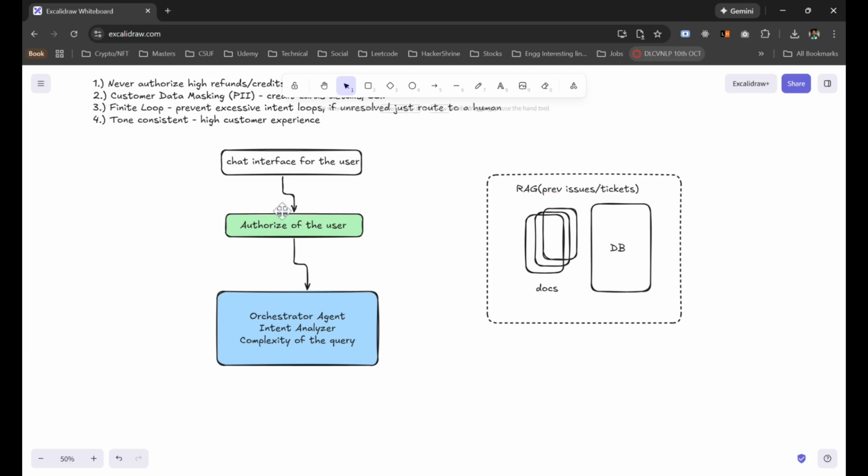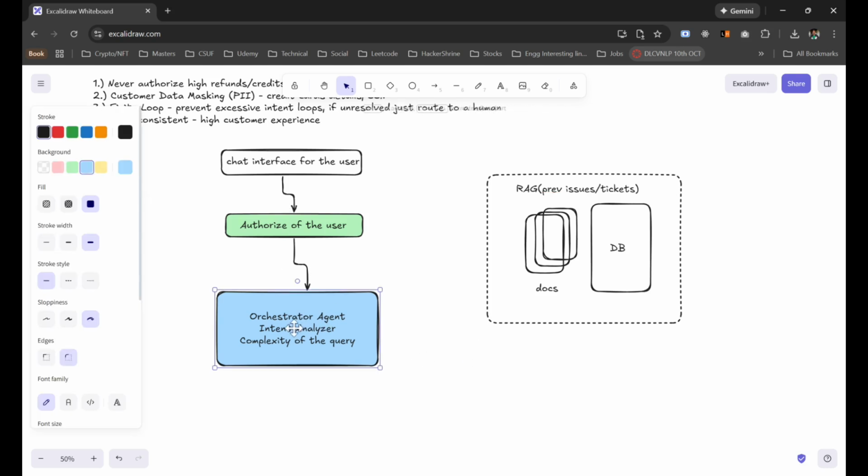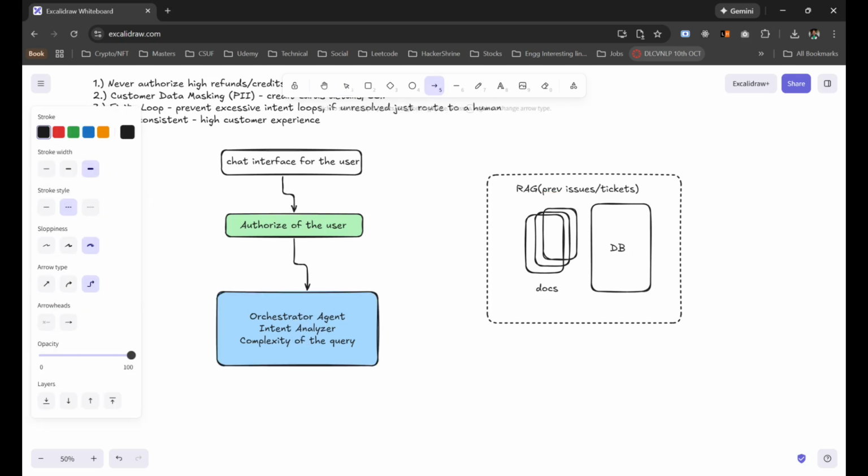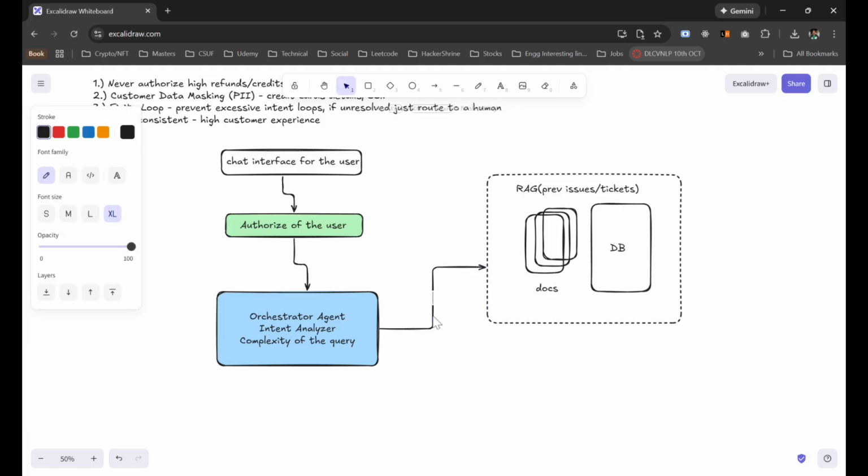It means when the user asks a question, it goes to the orchestrator agent, and we can have one flow that goes to this particular path to look for similar issues. Maybe something very similar has happened on the same day, right? But two customers have called. So you don't have to start the flow again and again.